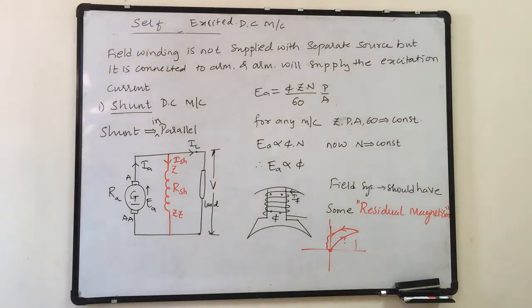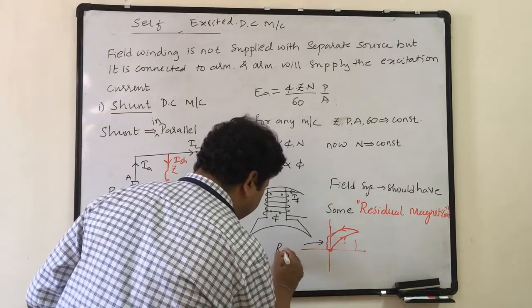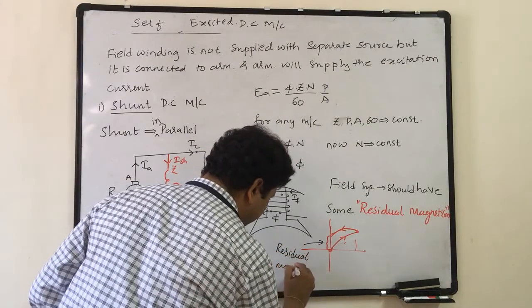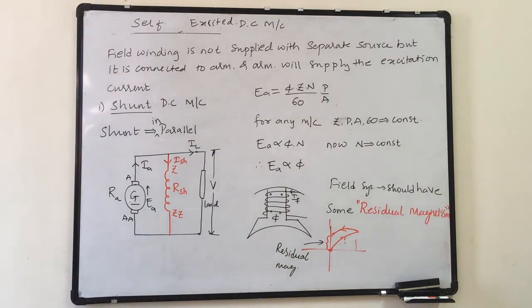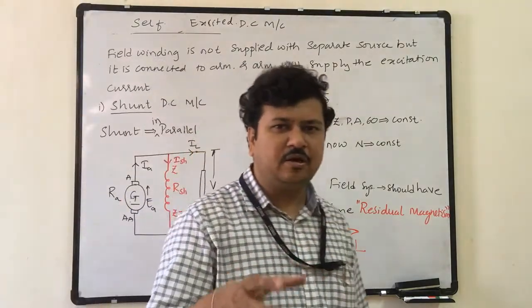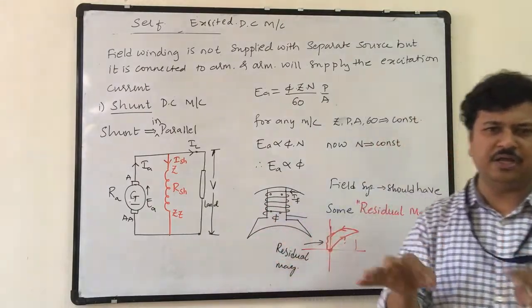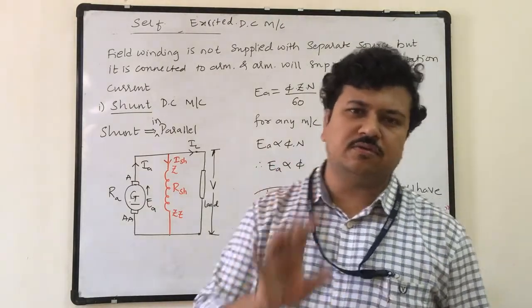It had some positive value. This is called residual magnetism. Residual magnetism is the amount of magnetism still present in an electromagnet or any magnet, in this case particularly the field winding, even when the field current is 0.